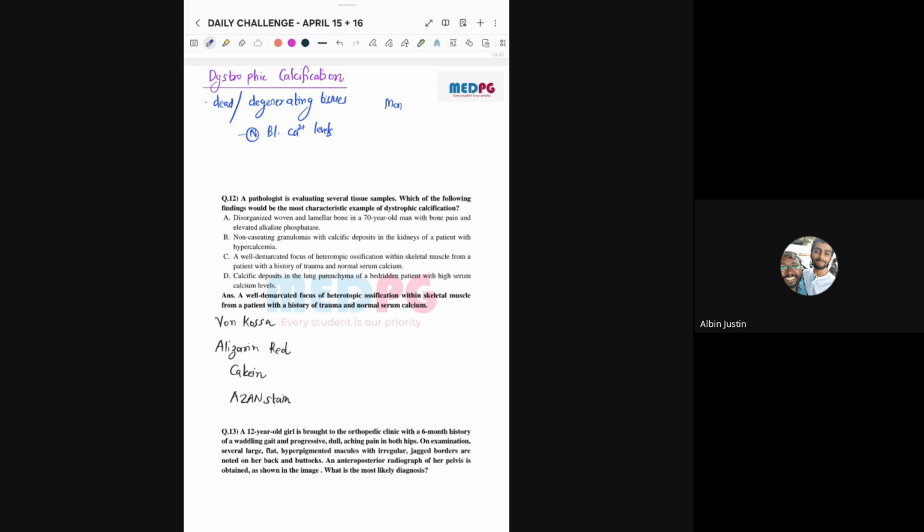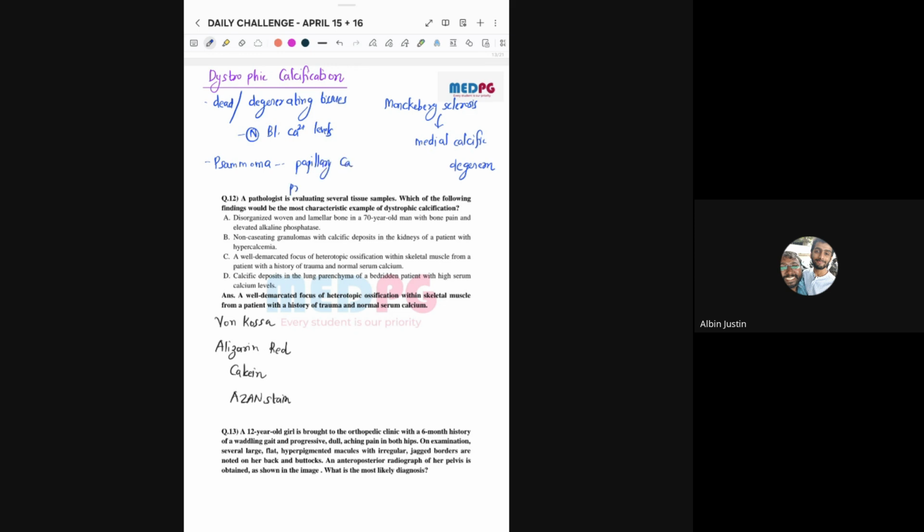Examples are Monckeberg's sclerosis, where you will get medial calcific degeneration. Happens in the tunica media. Okay. And there you will get psammoma bodies. Psammoma bodies are always seen in all papillary cancers, papillary carcinomas.